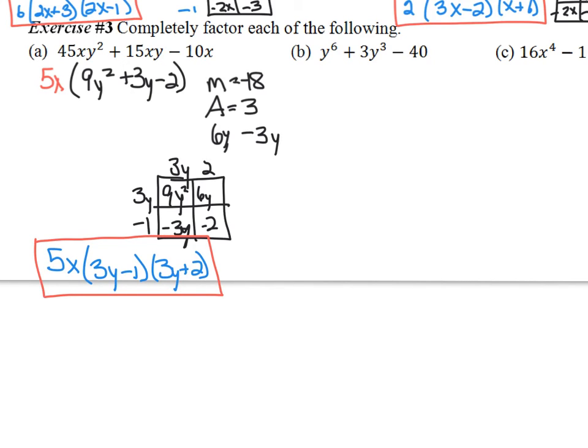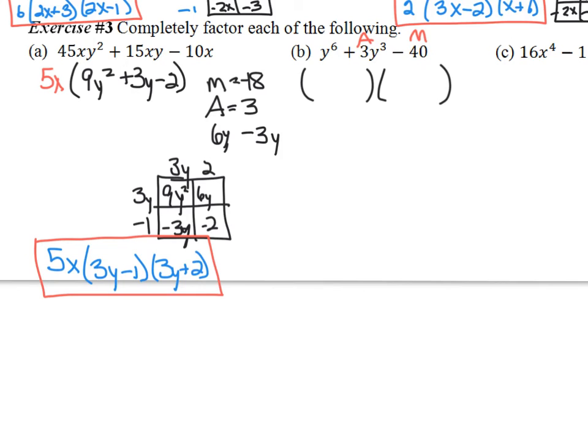Now, looking at part B, I notice that I don't have a GCF this time. So when I look at this factoring, I'm going to view it as just a trinomial. So I'm going to say, let's find two numbers that add to give me 3 and multiply to give me negative 40. Now when I go to my parentheses, though, I'm going to have to say that my product has to be y to the 6th.